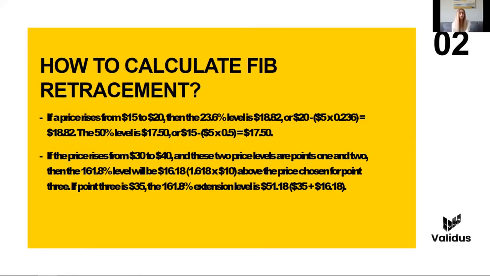The 50% level is 17.50, or $20 minus $5 multiplied by 0.5, which is equal to 17.50. So basically, Fibonacci extension levels are also derived from the number sequence.